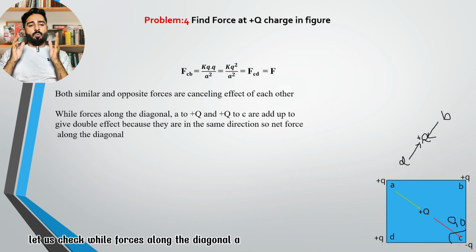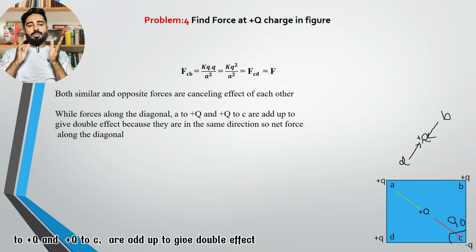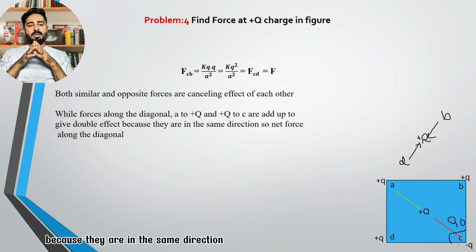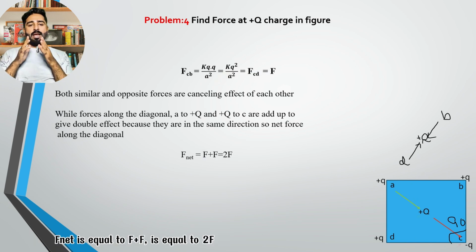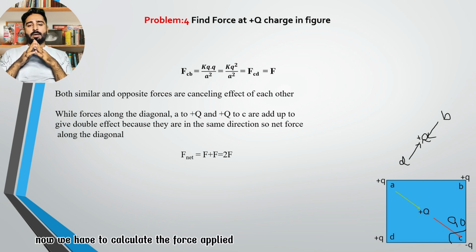Let us check. The forces along the diagonal, A to plus Q and plus Q to C, add up to give a double effect because they are in the same direction. So the net force along the diagonal is F net is equal to F plus F is equal to 2F.